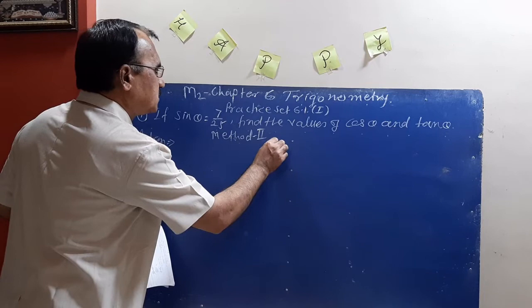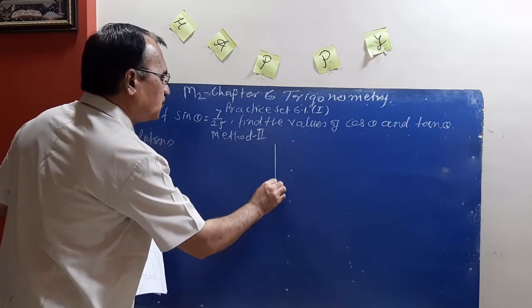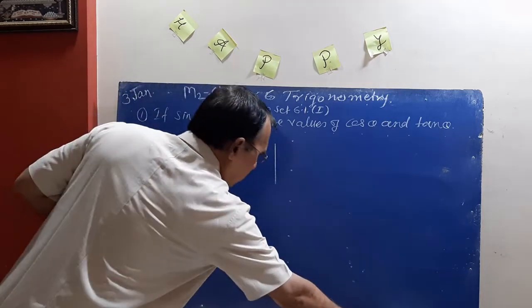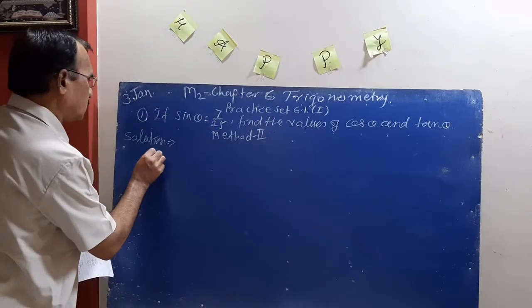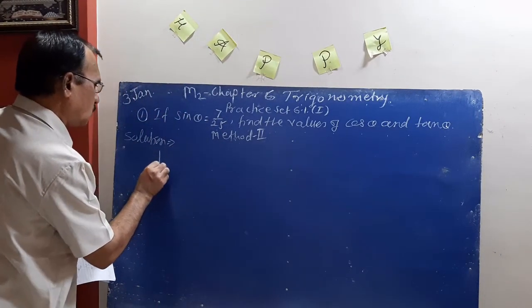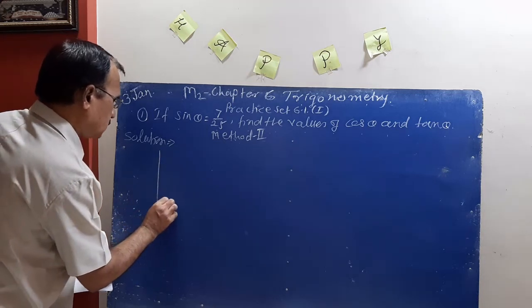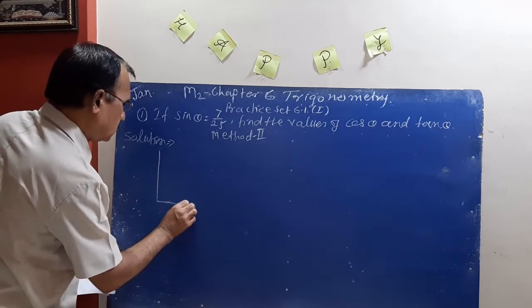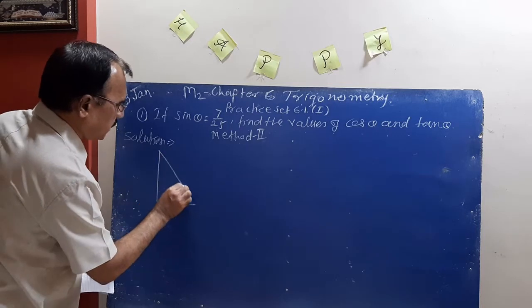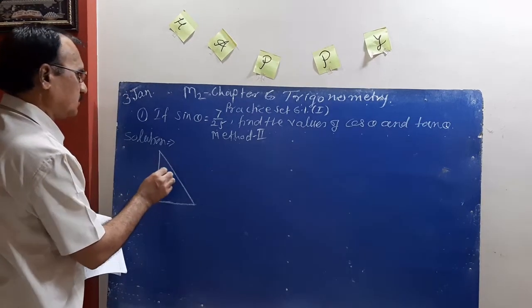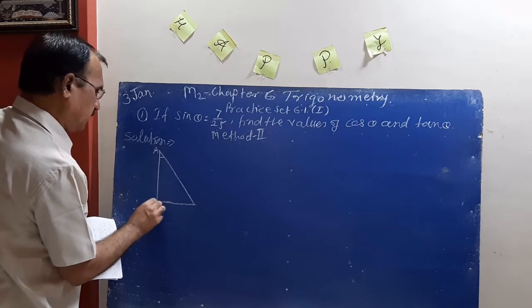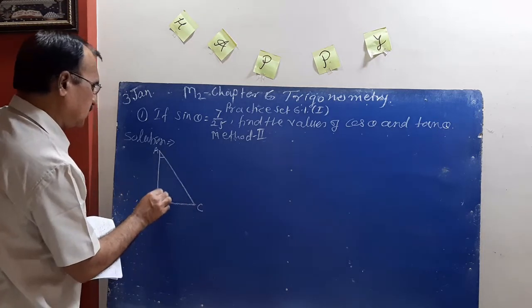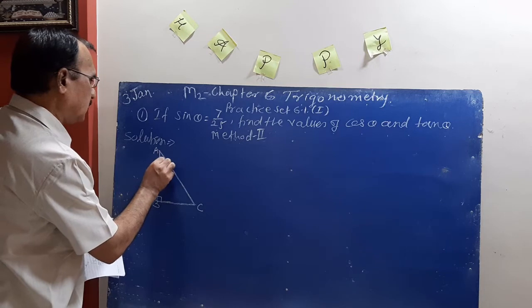For that purpose, first draw a right angle triangle A, B, C, where this is 90 degrees and this is theta.